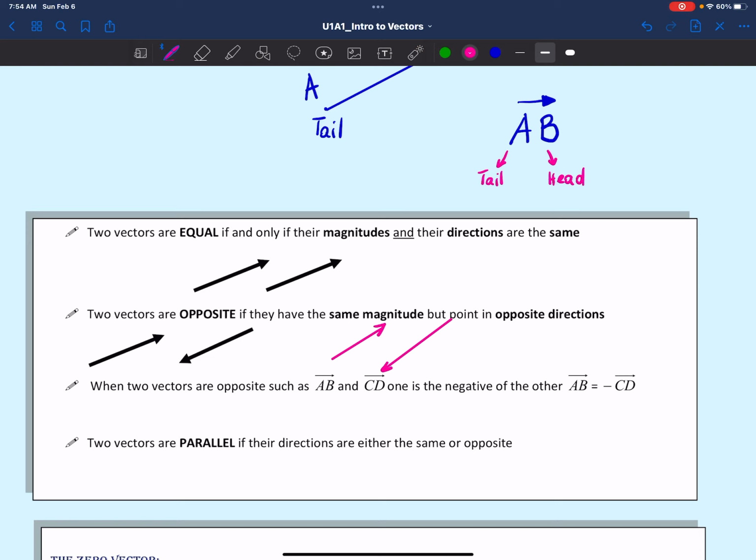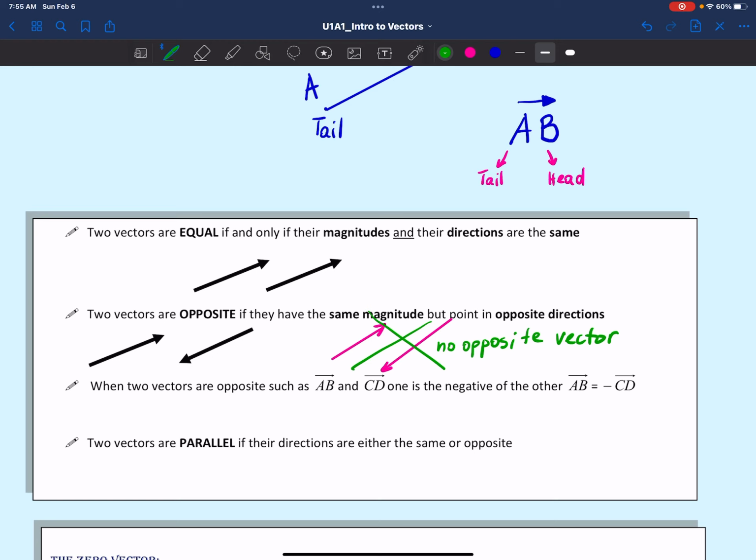So that means these two vectors are not opposite vectors. So for two vectors to be opposite, both the magnitudes must be the same and the directions must be opposite. It doesn't work having one or the other.